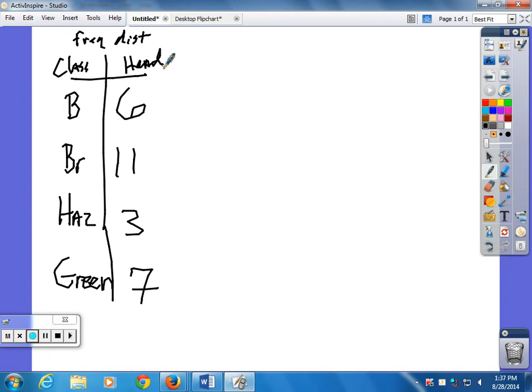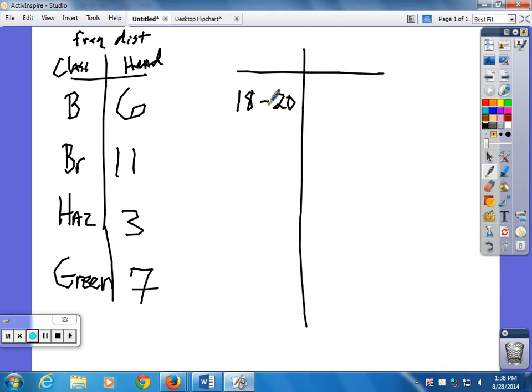Same thing with ages. I don't like to do these because, let's go 18 to 20, and 21 to 22, and then 23 to 24.